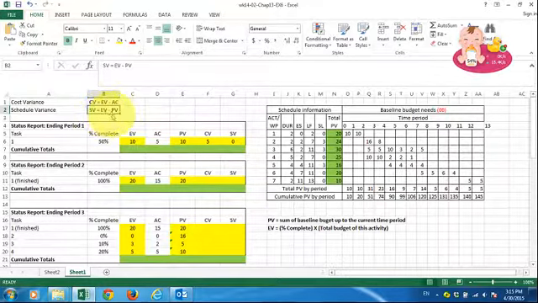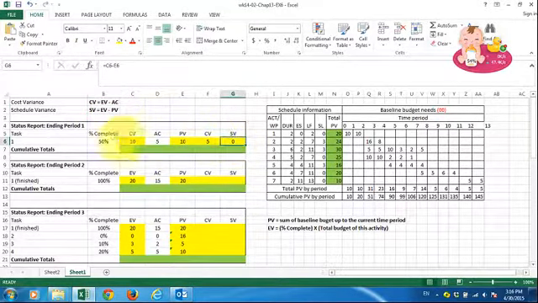If you have a negative SV, a negative schedule variance, that means your current earned value has not yet reached the planned budget. So that means you are behind schedule, like an overall view for the project.